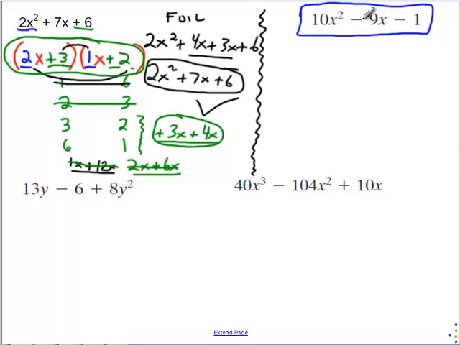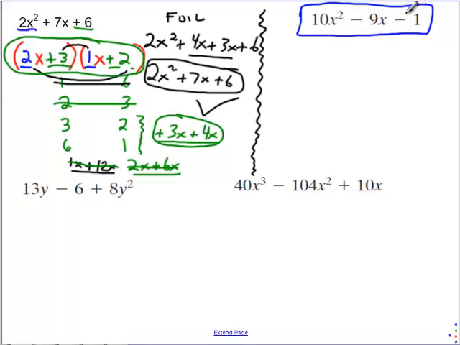Number 2 is factor out any greatest common factor from all the terms. There's no greatest common factor with all these because of this 1. There's really nothing in that term except 1, and it's not worthwhile to factor out a 1, because that's the only thing that can come out of here.